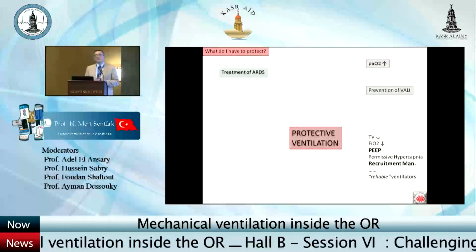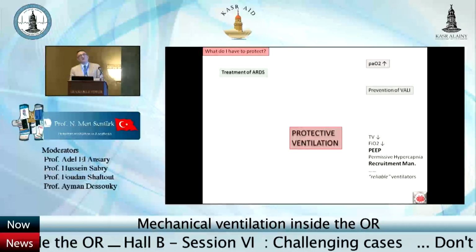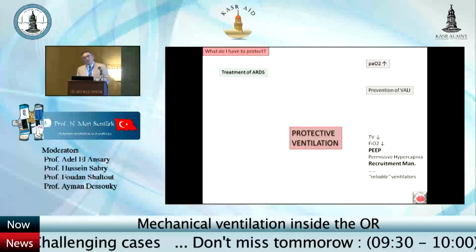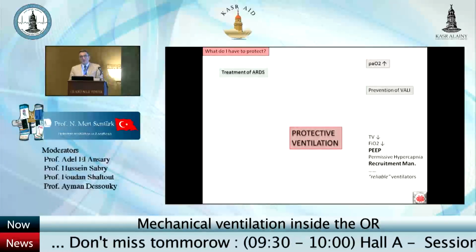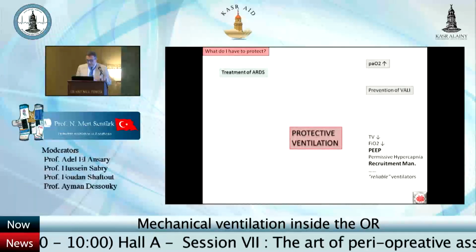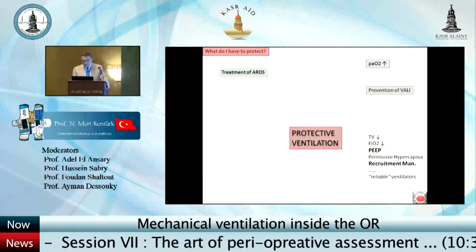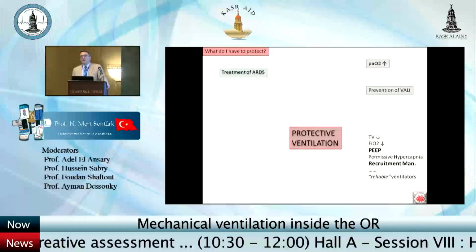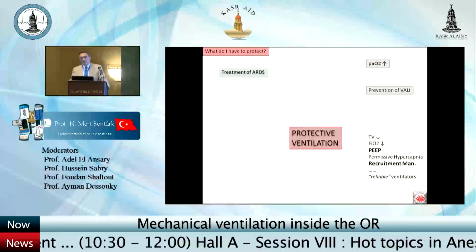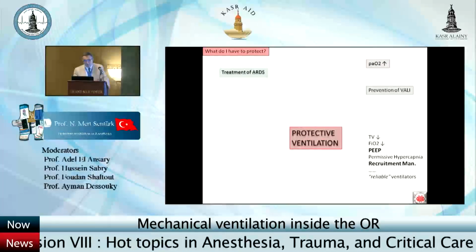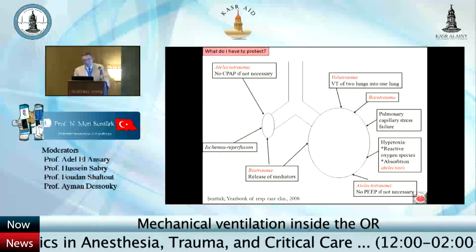And protective ventilation is a bundle of several mechanisms with low tidal volume, some PEEP, some decrease in FiO2, some recruitment maneuvers, and maybe also some permissive, even therapeutic hypocapnia. And therefore, we need some reliable, safe ventilators to maintain the protective ventilation.